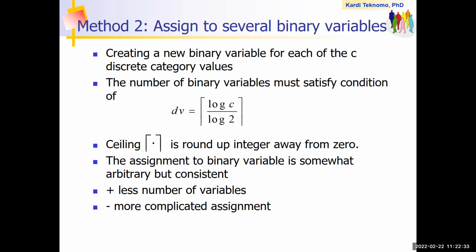This becomes the number of dummy variables, dv here. And then you take the ceiling, which is rounding up to an integer away from 0. The assignment is arbitrary, but you need to be consistent. The good thing here is you will use fewer variables, but the assignment becomes more complicated.